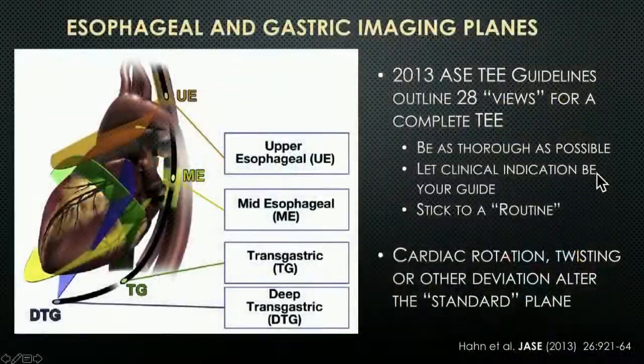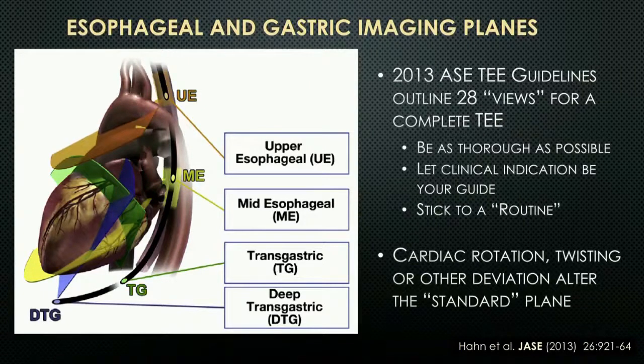180-degree view. The 2013 ASE TEE guidelines outline 28 views for a complete TEE, and Dr. Hahn, I know from personal experience, is an extraordinarily brilliant, compulsive and thorough individual.